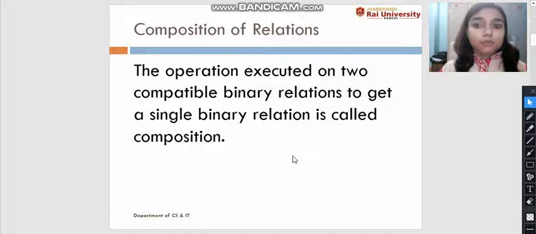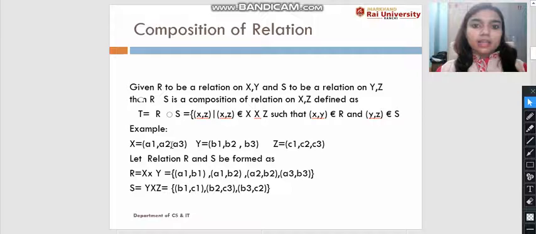जब यहाँ पर हम दो रिलेशन को यूज करके एक सिंगल रिलेशन बनाते हैं, then it is called a composition of relation. Let's see an example.